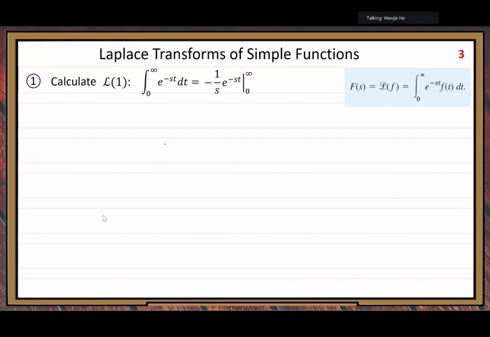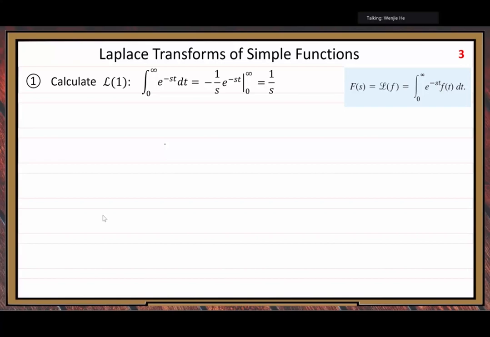If s is a negative number, negative s will be positive, and positive times t, when t goes to infinity, is divergent. The function diverges. So you need to assume s must be a positive value.